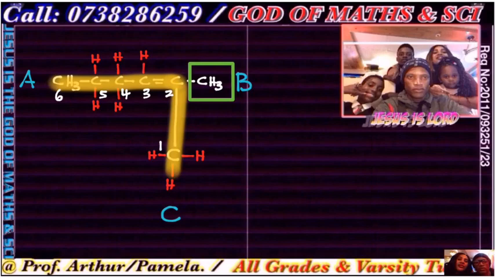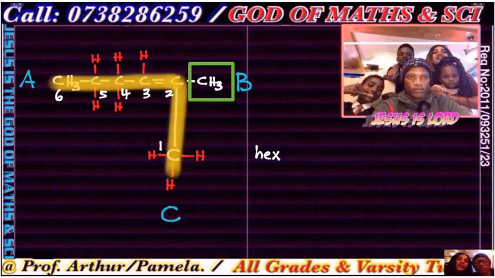Good. Now, let's write the name of the parent, this yellow one. How many carbons are there? 6, am I right? So it will be hex. Can you see? I stopped. It's going to be ene. That ene refers to where the double bond is.